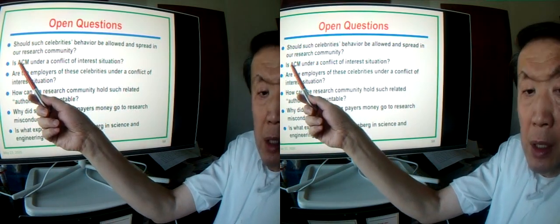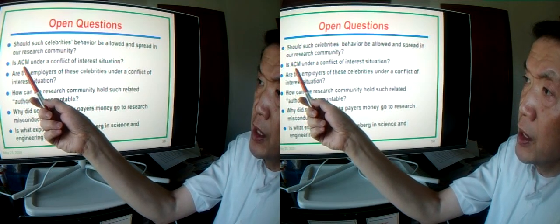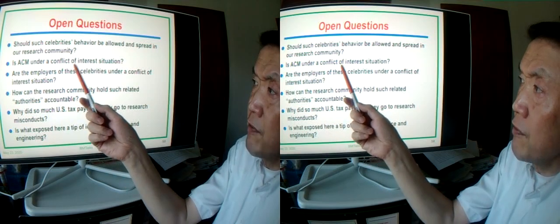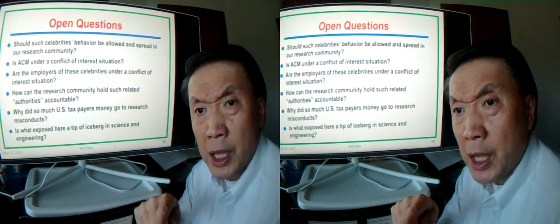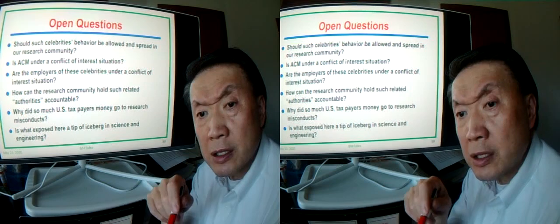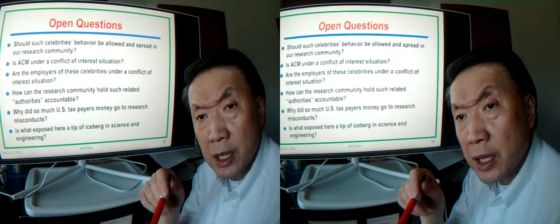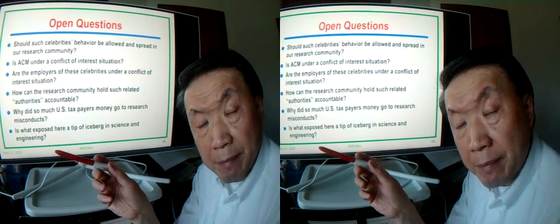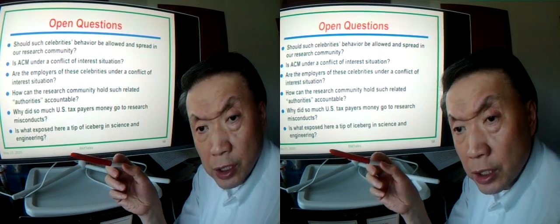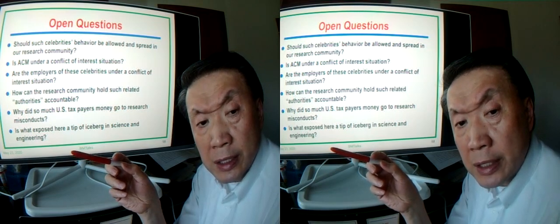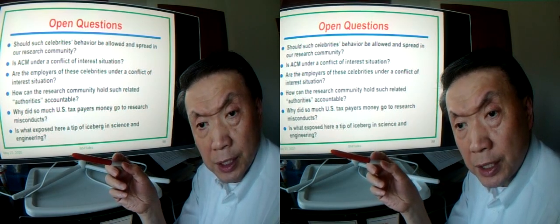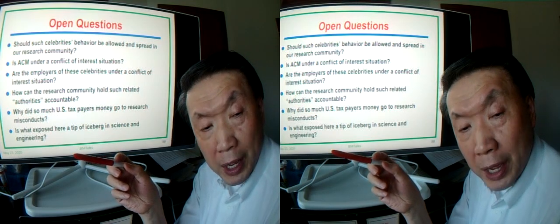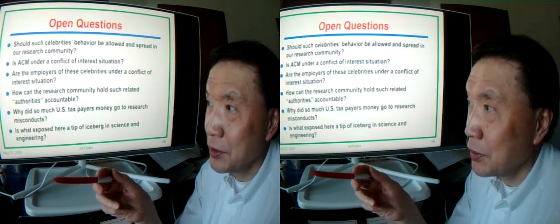The granting organization ACM, when they study these issues, are they in a conflict of interest situation? If they said that this work is plagiarized, did they give ACM a bad name or good name? Or should ACM admit that it made an error in granting plagiarism a Nobel Prize caliber award, the Turing Award?